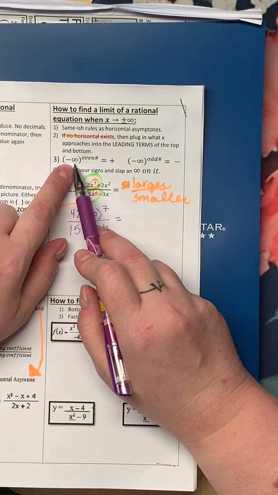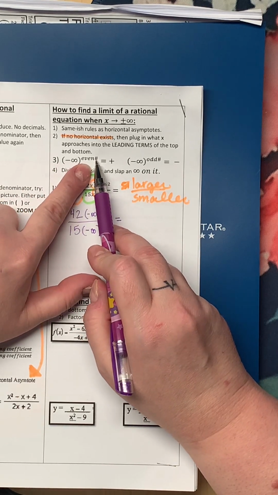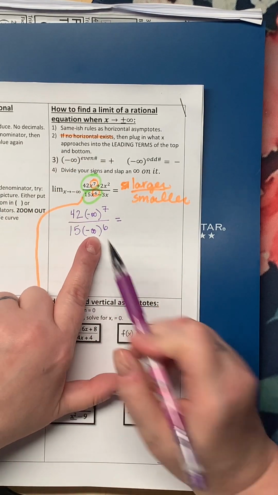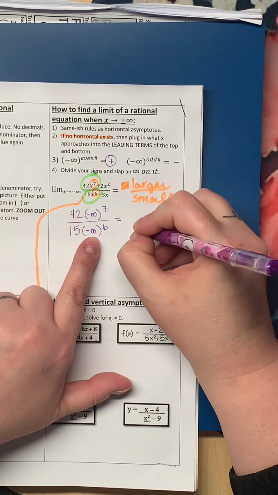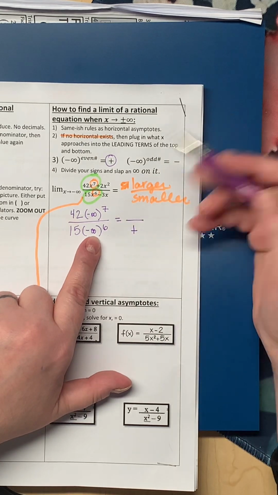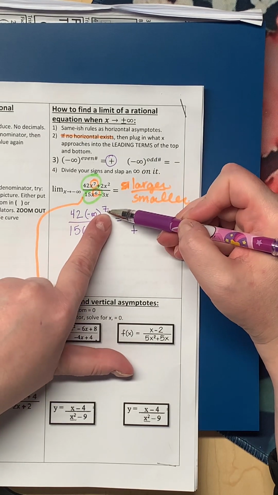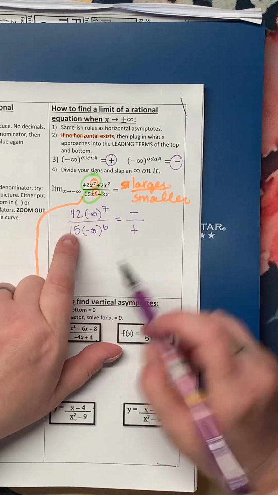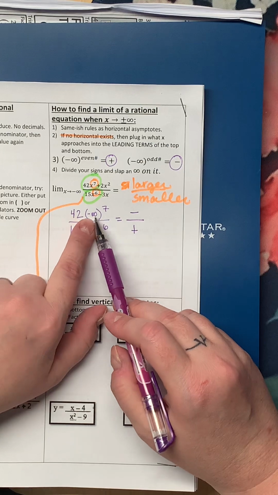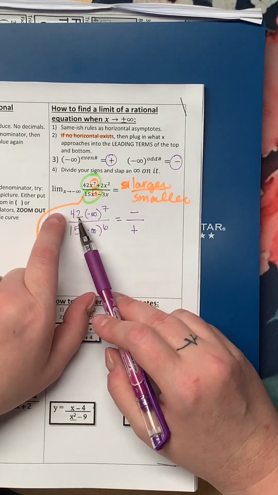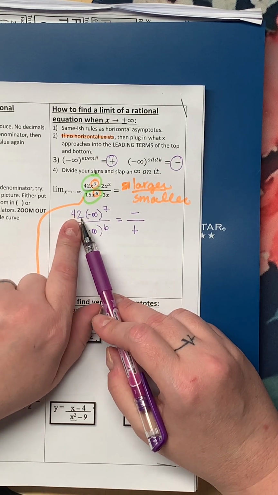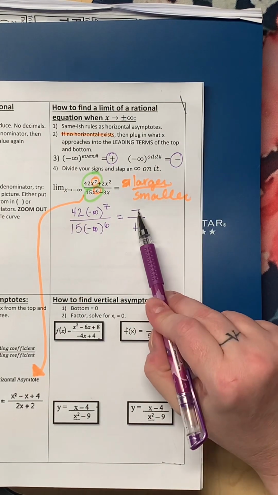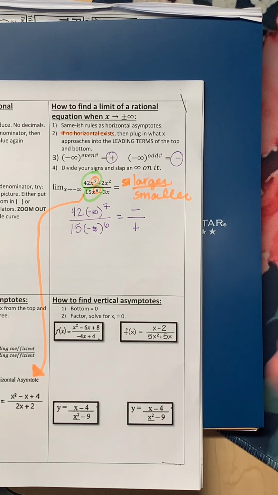If you have a negative number raised to an even power, or a negative infinity raised to an even power, like on this bottom, it's going to spit out a positive. Whereas on the top, we have an odd power, that's 7, so it spits out a negative. So if I were to say negative infinity to the 7th, multiplied with 42, it would still be a freakishly large infinity, but it would be negative. So that's what I care about, the negative or the positive.